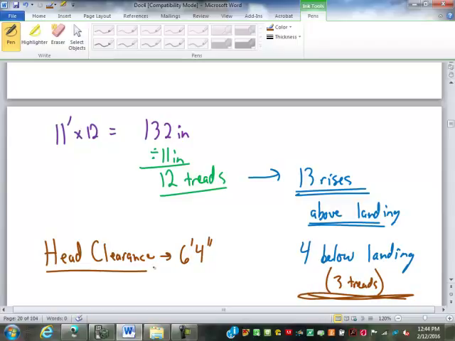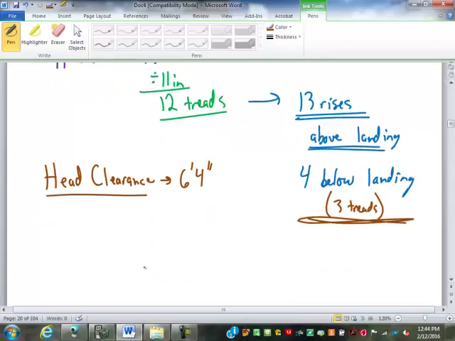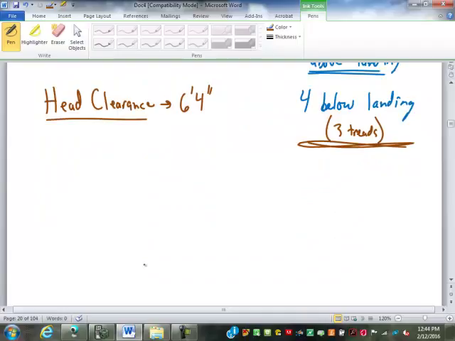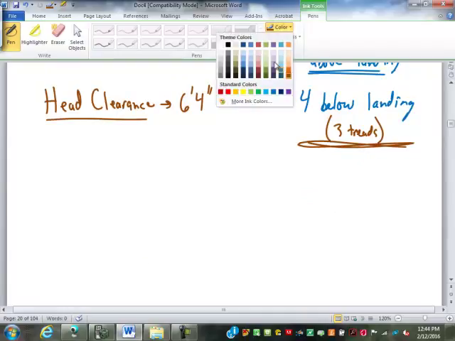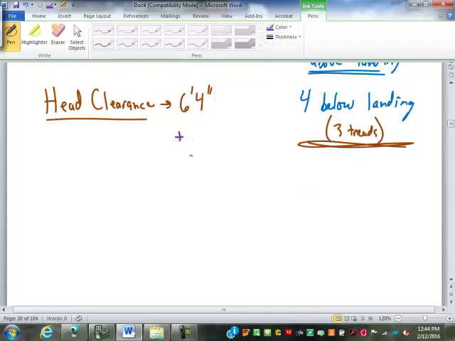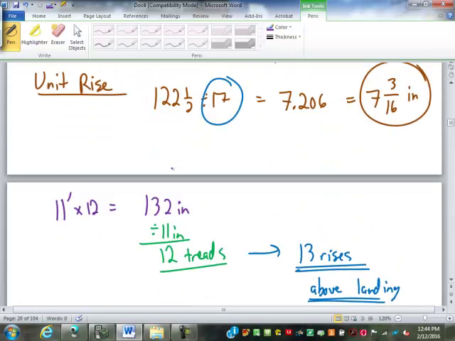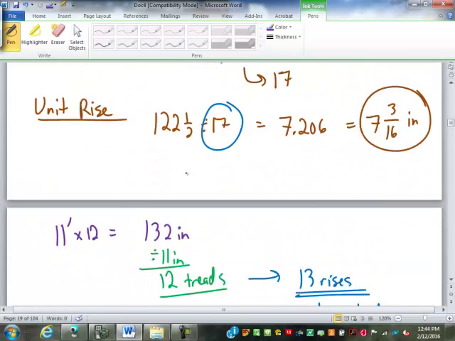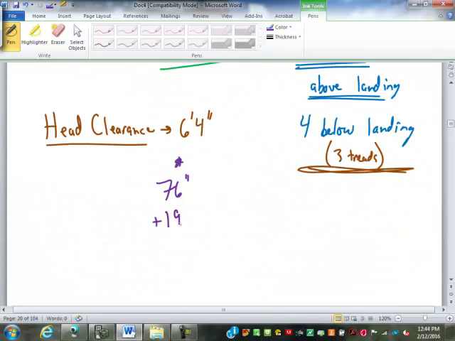So anyway, 6'4" head clearance. Let's take that, plus, that's going to be 76 inches, right? Plus our floor thickness, which was what? 19 3/8. Gives us 95 3/8 inches is our required drop to get our head clearance.